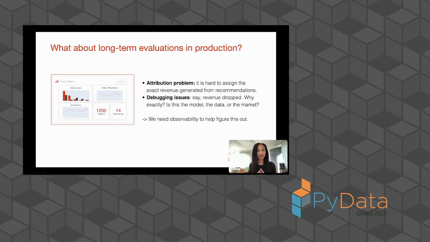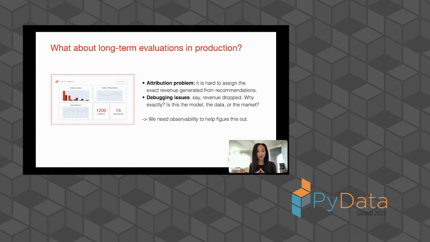And for debugging issues, it's quite similar. Let's say we see that our revenue dropped, and it's revenue from the whole service, right? What exactly has happened? Is it because we have some data quality issue, or maybe the quality of our recommendations got worse, or maybe it's just the market itself, right?